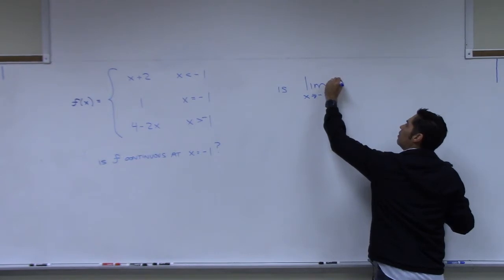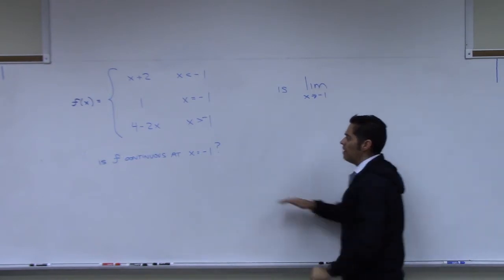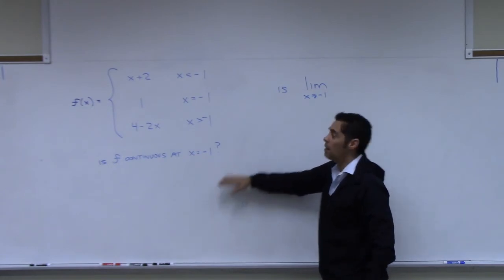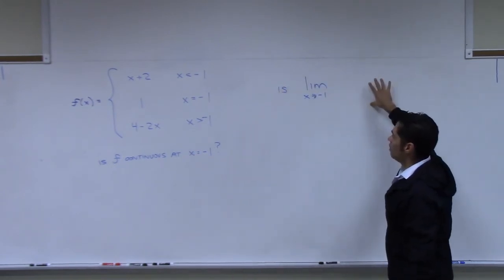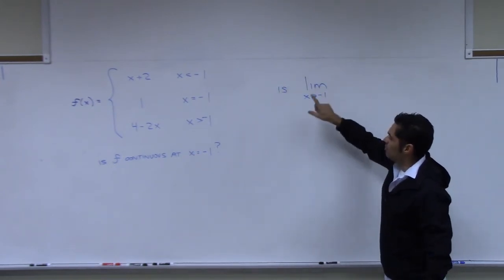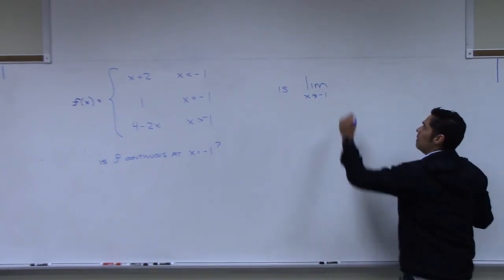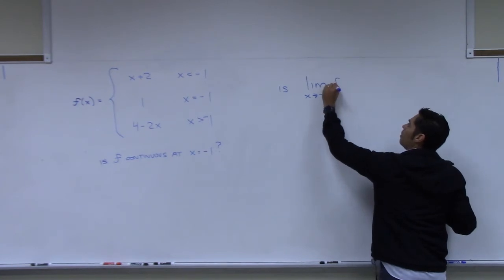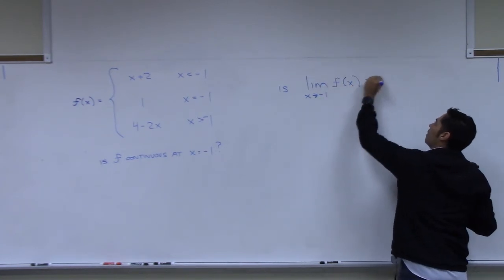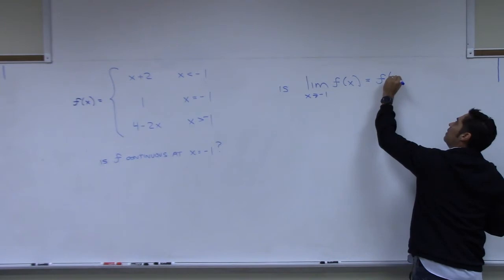I think you're getting ahead of where you know what to do, but this line right here should be, we're asking ourselves the question, is the limit as x approaches -1 equal to the function at -1?